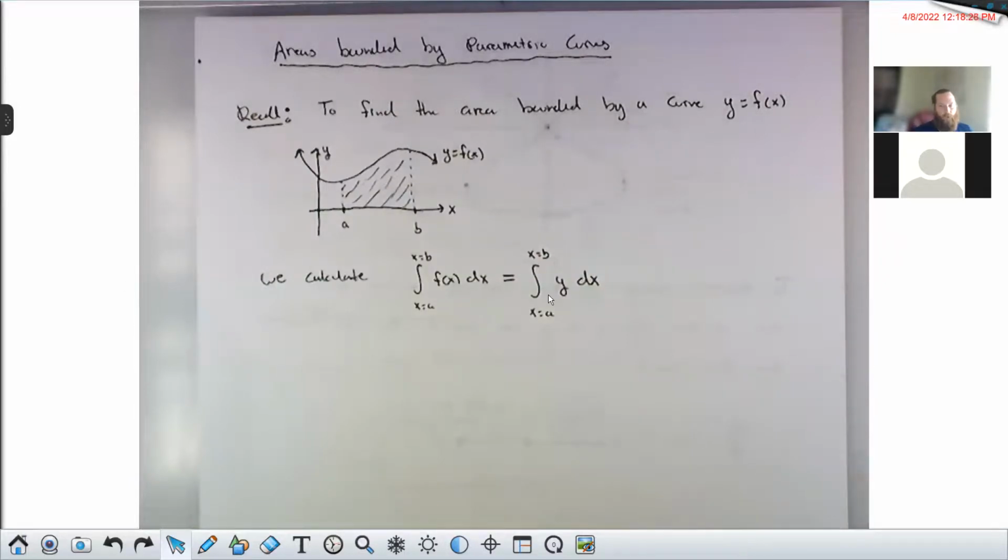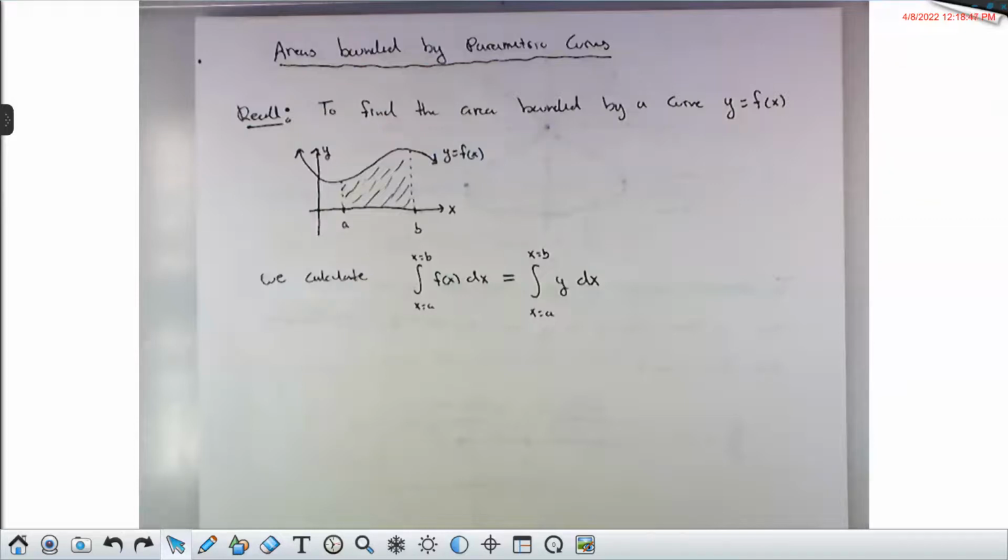Right? It's just that y is f of x along the graph of a function. That's what that means. Every time you saw that written, that's why. We can do the same thing with parametric curves.